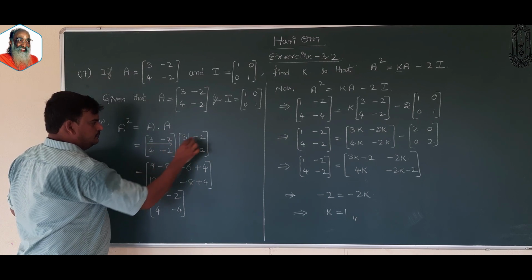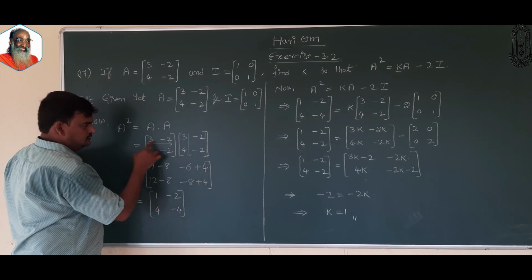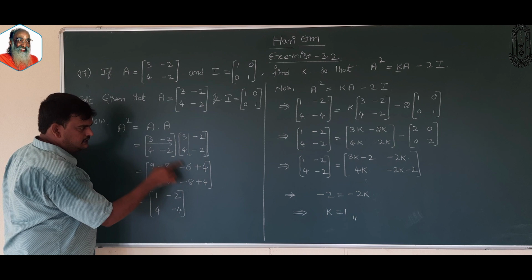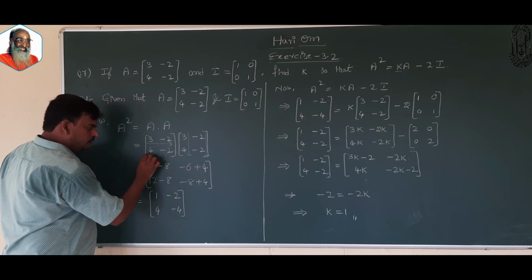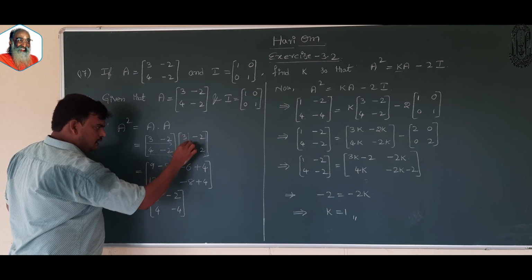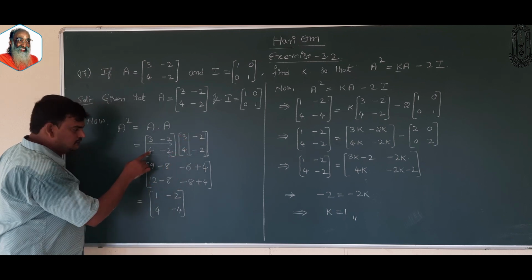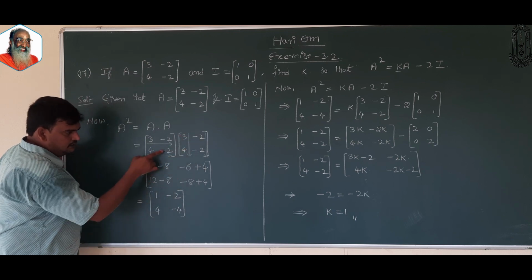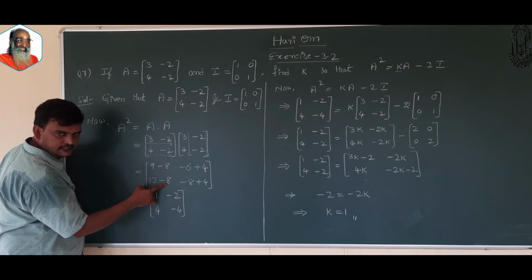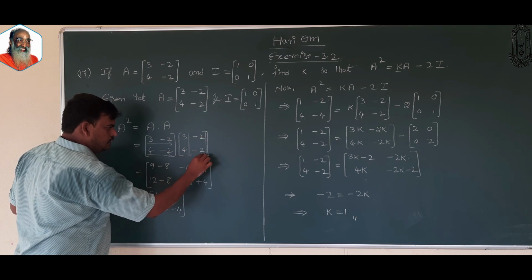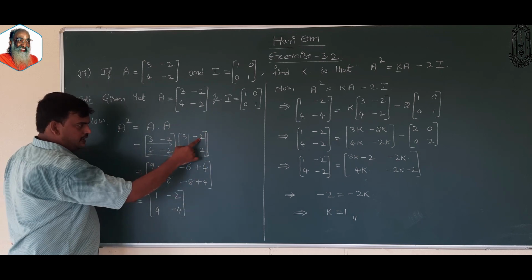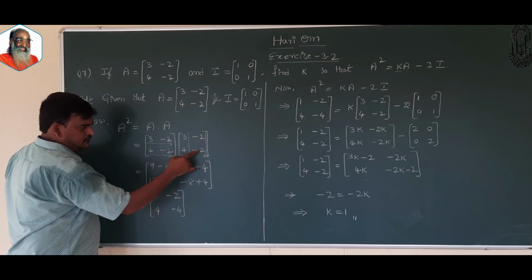Row 1 with column 2 elements: 3 into minus 2 is minus 6, minus 2 into minus 2 is plus 4. Now row 2 with column 1 elements: 4 threes are 12, minus 2 into 4 is minus 8. Row 2 with column 2 elements: 4 into minus 2 is minus 8, minus 2 into minus 2 is plus 4.